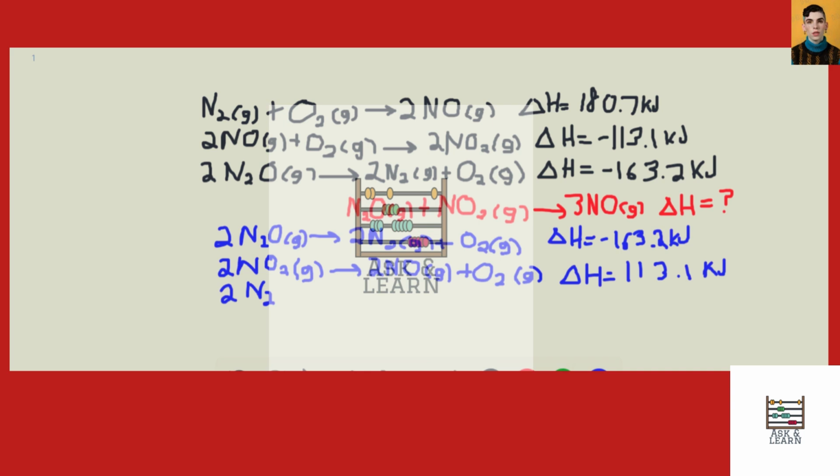So it's going to be 2 N2 gas plus O2 gas yields 2 NO. So instead of our 2, we're going to have a 4 here.